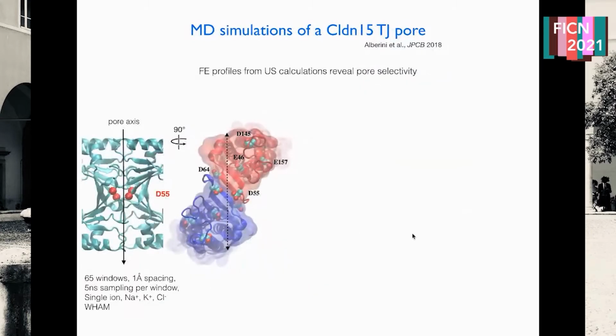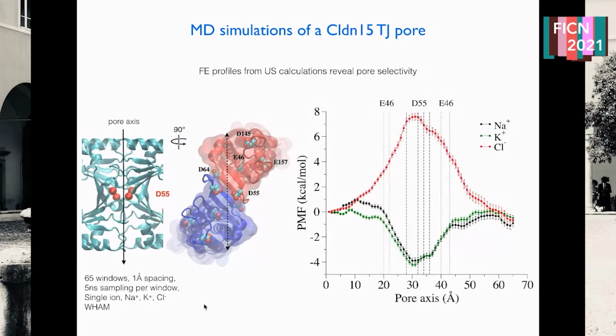So we asked ourselves if the structure that we had refined was in fact recapitulating these features, so if it is also cation selective. We used the standard umbrella sampling method at first, a much simpler method than those described by Christoph just now. We used umbrella sampling for ion translocation through the pore from what is called the apical side to the basal side, and we investigated sodium, potassium, and chloride, and we obtained this profile.